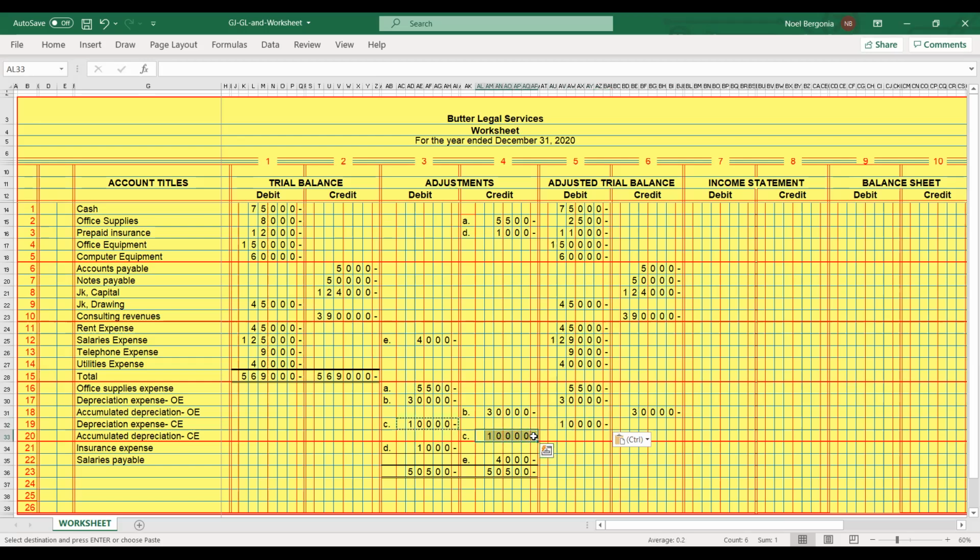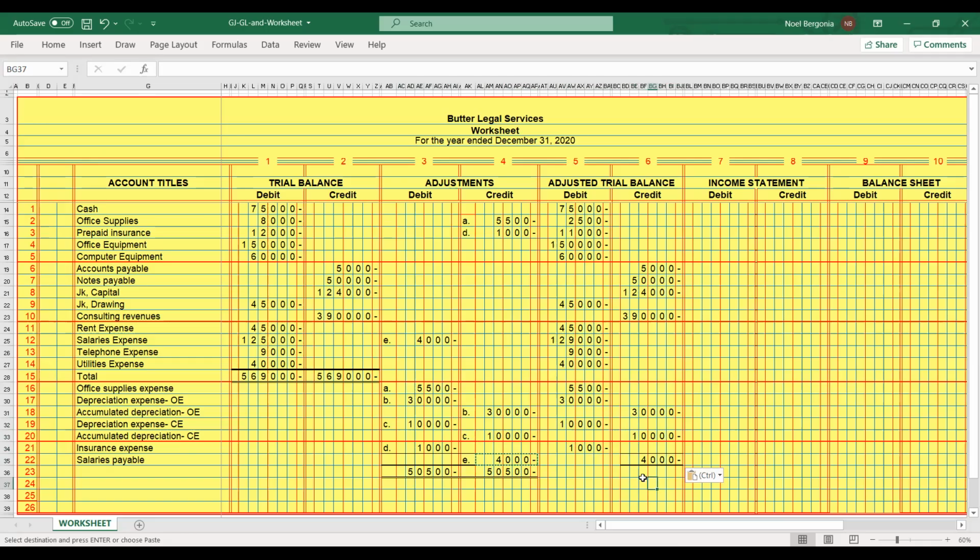Accumulated depreciation, office equipment, credit. Insurance expense, 1,000 debit. And then finally, our salaries payable, okay, debit. Debit ba? Mali. Credit. Di ba? Payable yon.